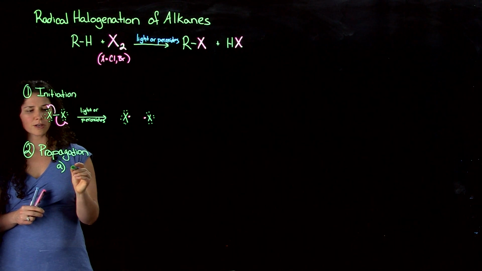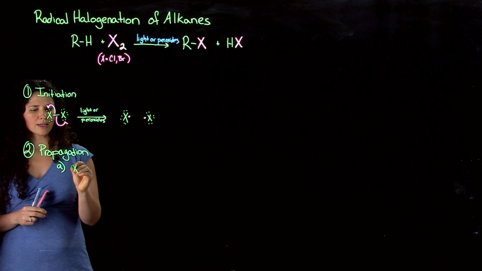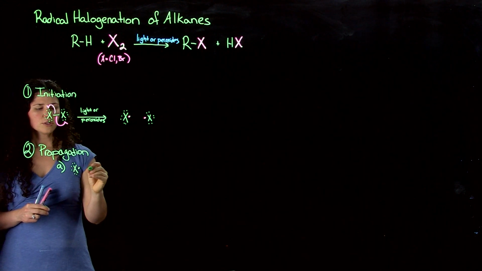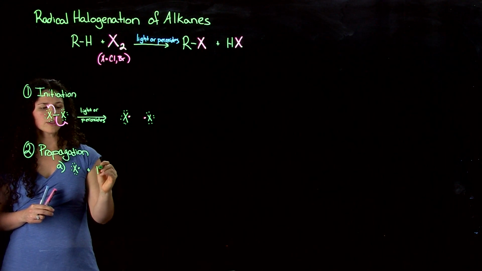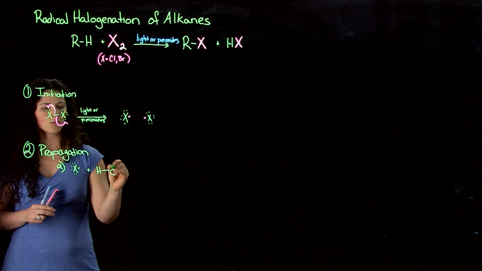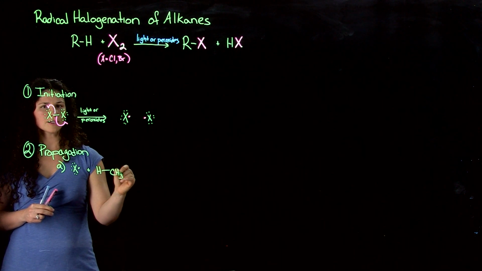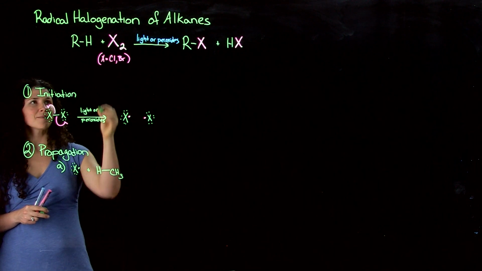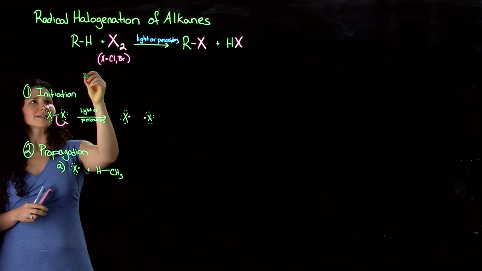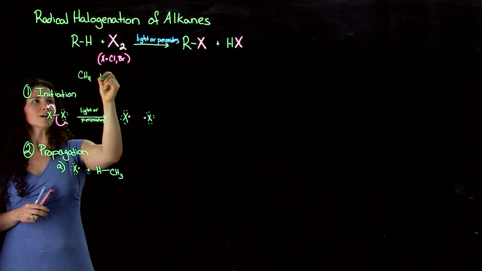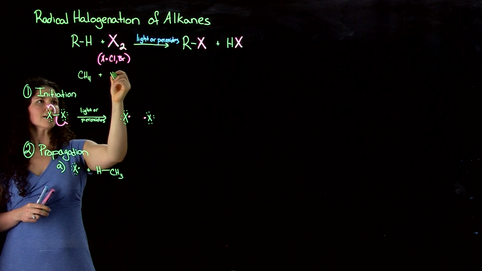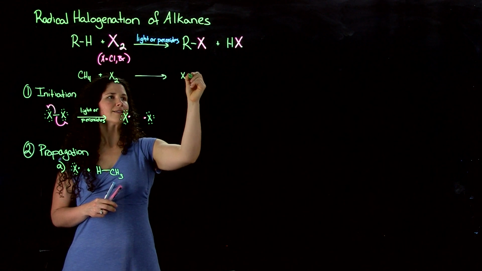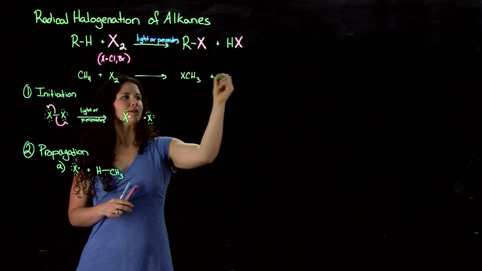The first one is for the halide radical that I just produced to react with one of the carbon-hydrogen bonds. I forgot to say that my example is CH4 plus X2 going to XCH3 plus HX.